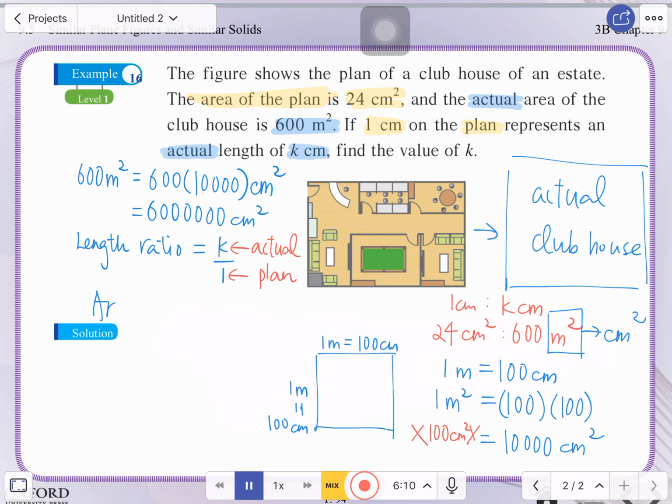And for the area ratio, it will be 600,000 over 24. Still the same: the numerator tells you the actual area, the information of the actual clubhouse, and the denominator tells you the plan's information, 24 cm square.